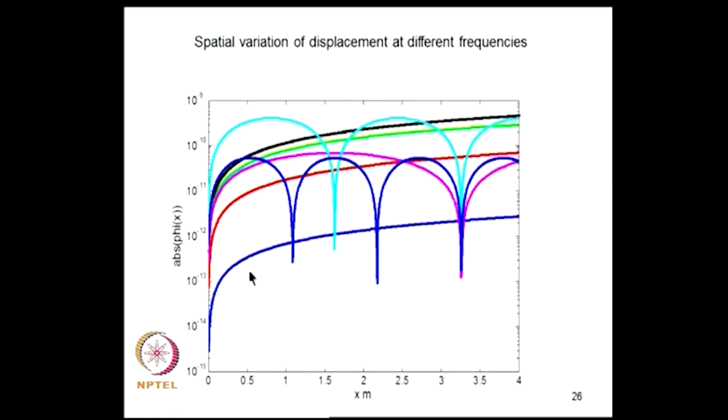What has been done is I have selected a few frequencies. You can see that as frequency is varied, the wavelengths of oscillations in space also change. In the higher frequency region, there are more waves within the rod. So, this is a depiction of how the system responds in space for different values of frequency.